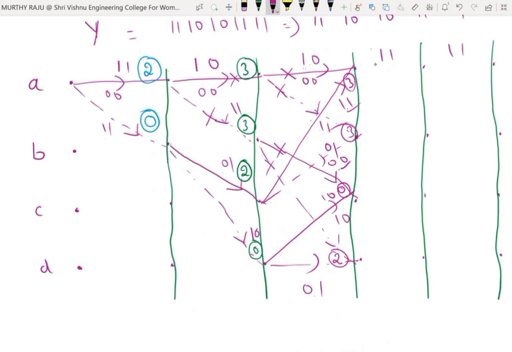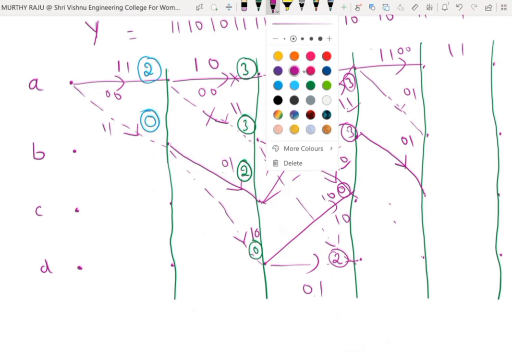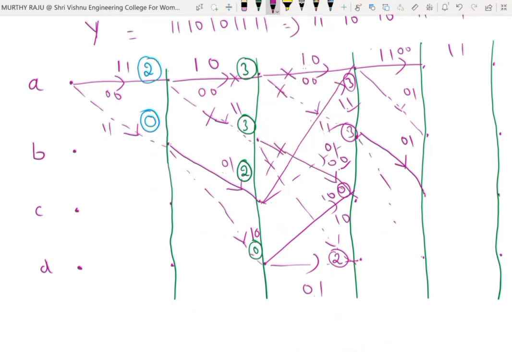Again, here draw this one. 0 0. 0 1. B to C is 0 1, and B to D is 1 0.